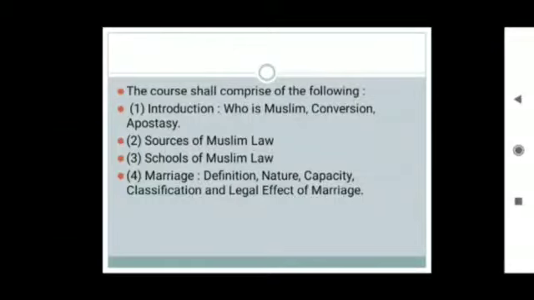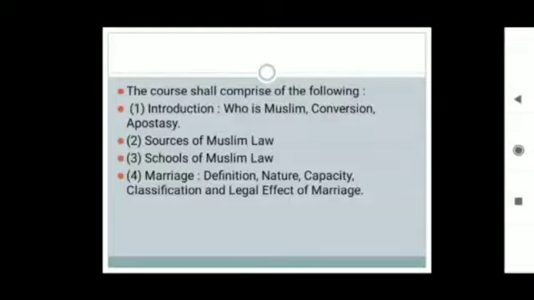Then the conversion: who all can convert, what is the procedure, who all are Muslims, if somebody converts from Hindu or from another religion to Muslim, what is it all about? We'll understand about conversion. Then apostasy, we'll understand its meaning. This will be all about unit 1, which is introduction.